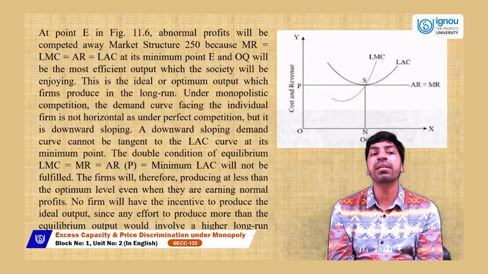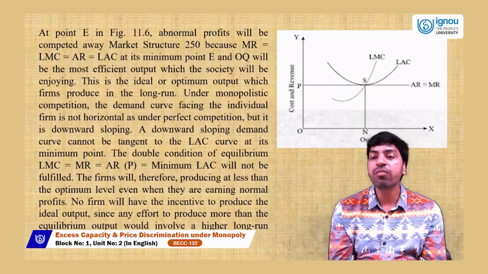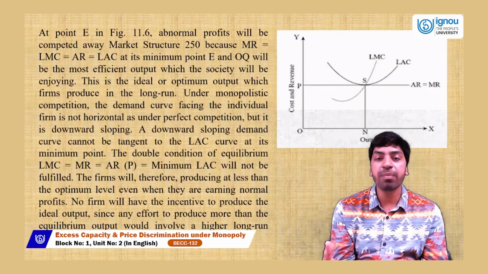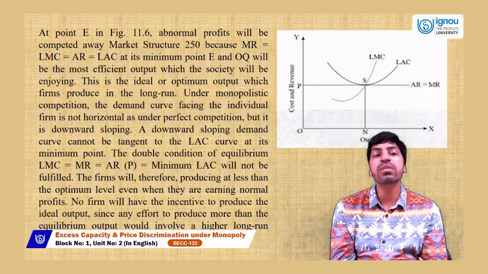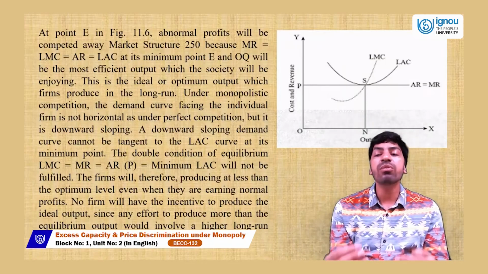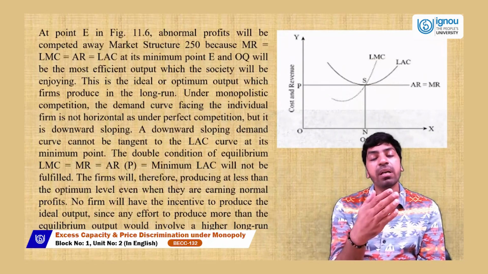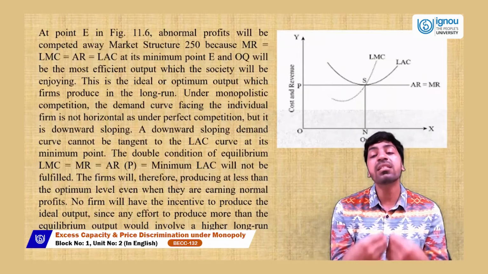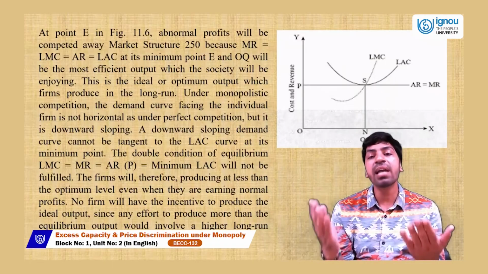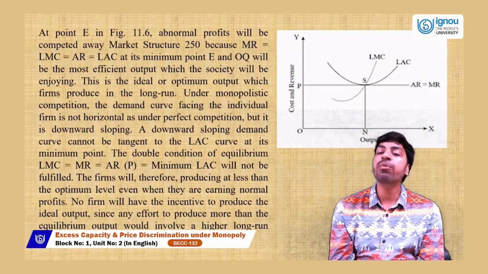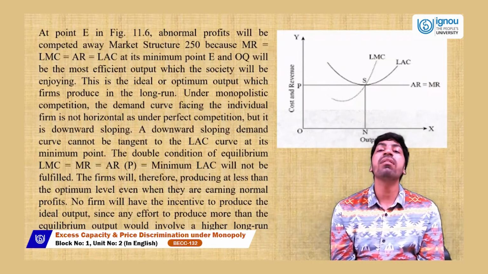That means the firm is in full equilibrium, and that also means the firms will use the most efficient output so that society will enjoy that ideal output, and their expectations could be fulfilled in the long run period. In this diagram, output is measured on the x-axis and cost and revenue on the y-axis.